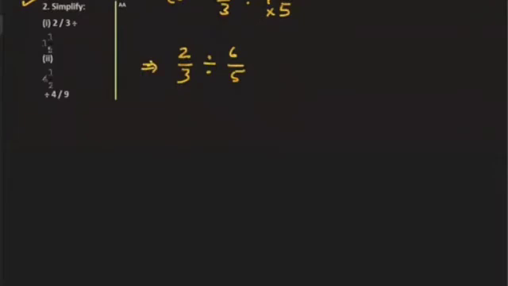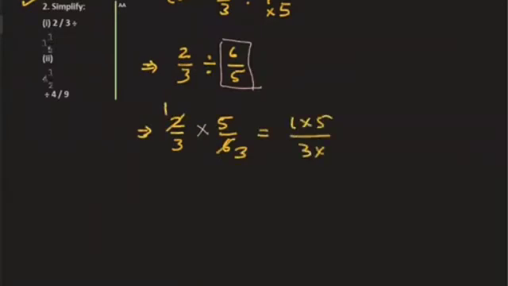Now 2 upon 3, then we will change the divide sign into multiply, and when we change the sign of divide into multiply we have to reciprocate this fraction. Reciprocate means make the numerator the denominator and the denominator the numerator. So 5 upon 6. It was 6 upon 5 but we will write 5 upon 6. So 2 ones are 2, 2 threes are 6, so 1 into 5 upon 3 into 3. So this is 5 upon 9. Okay.